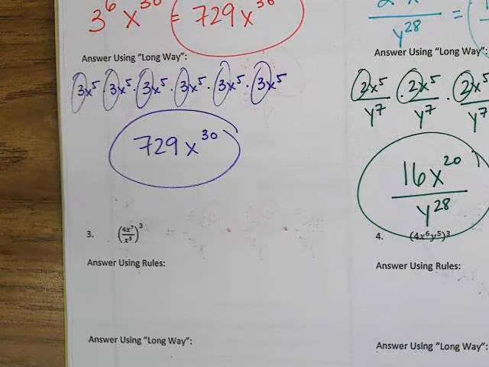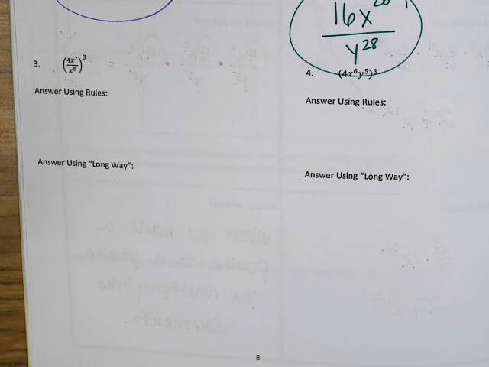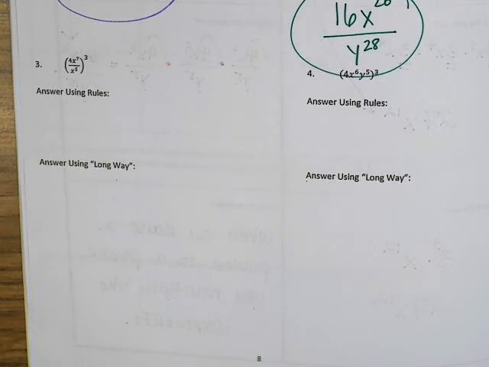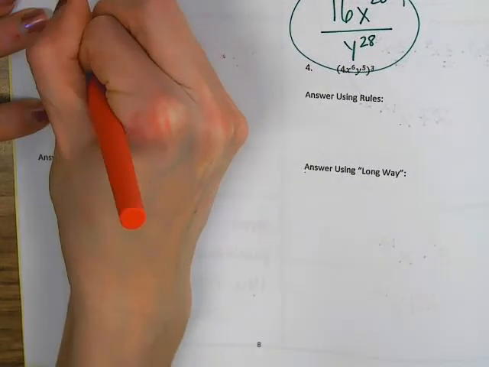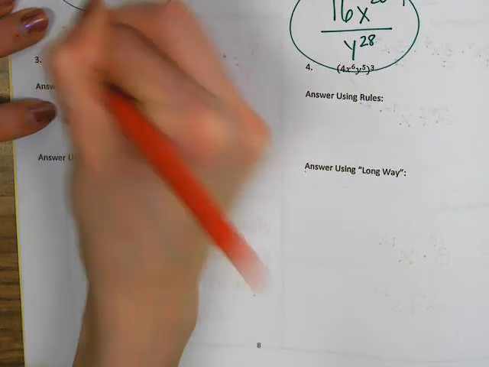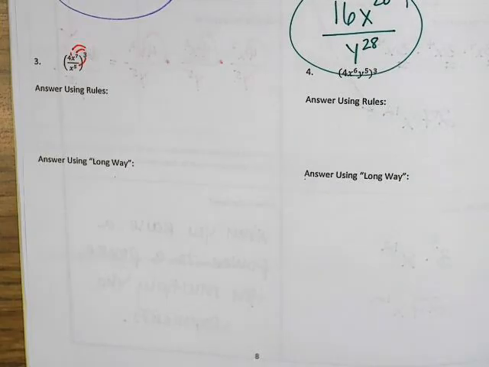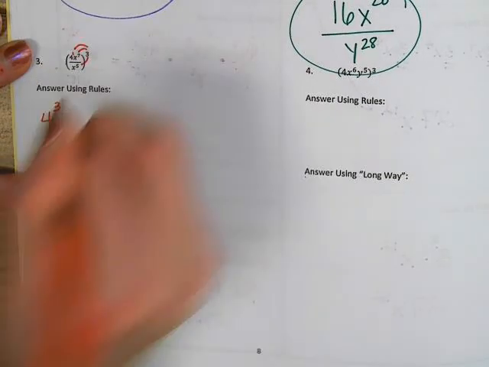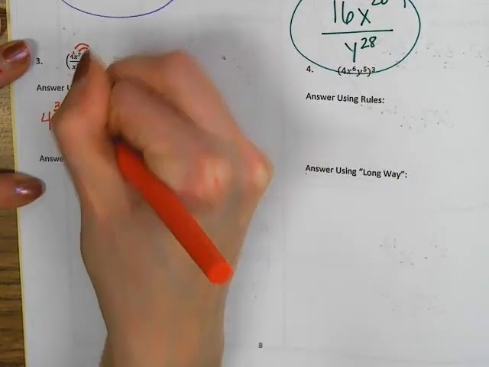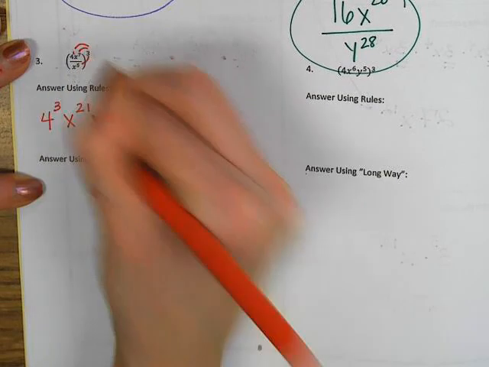For the next two, guys, I'm going to skip the long way, and let's just use the rules. Okay, so number 3, give the 4 a 1, and we're going to multiply the exponents, because power to a power, you multiply. So it's going to be 4 to the 1 times 3, which is 3. x to the 7 times 3 is 21.